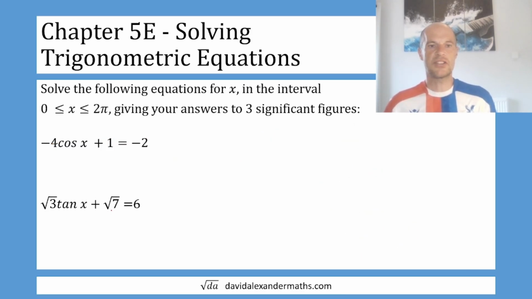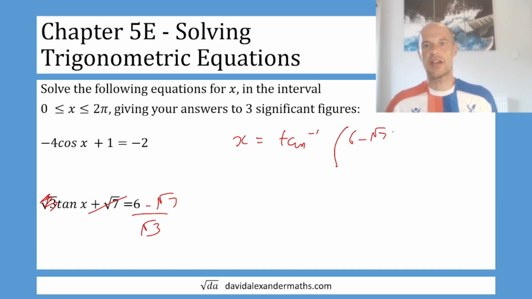Okay, this final example, I'm going to subtract root 7 from both sides, divide both sides by root 3. So therefore x is going to be the inverse tan of 6 take away root 7 over root 3.